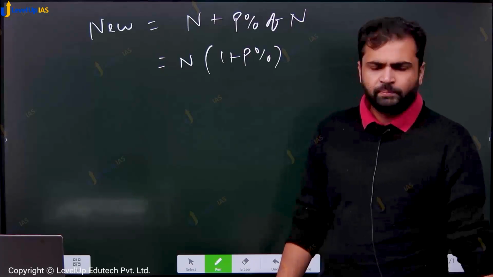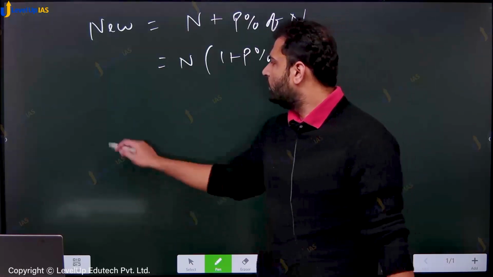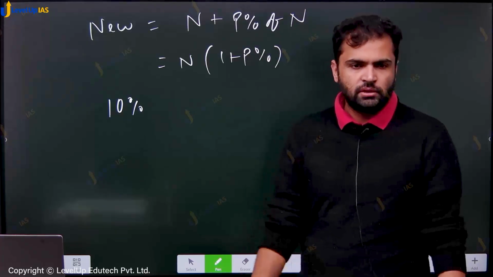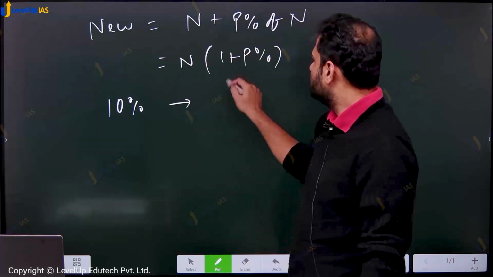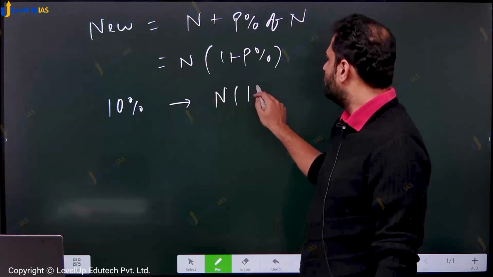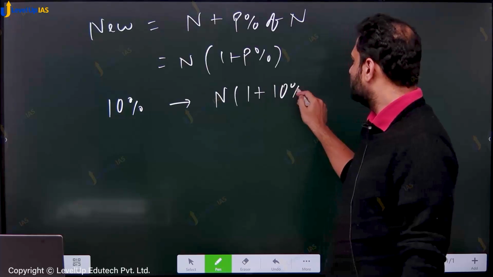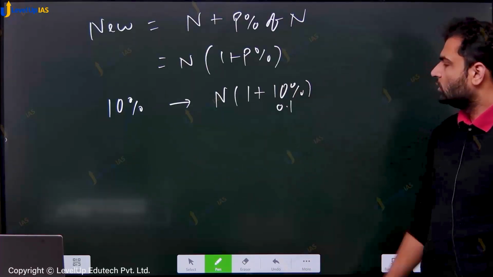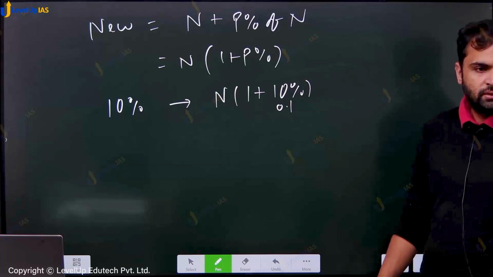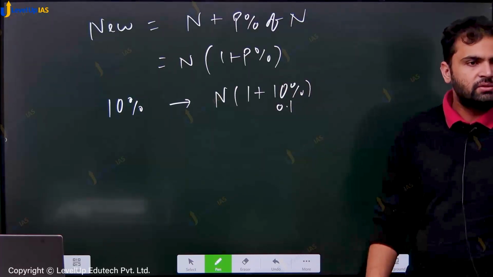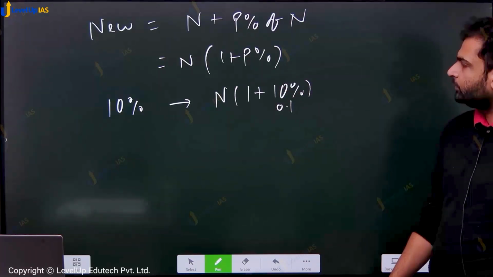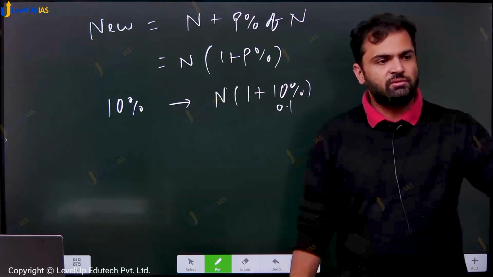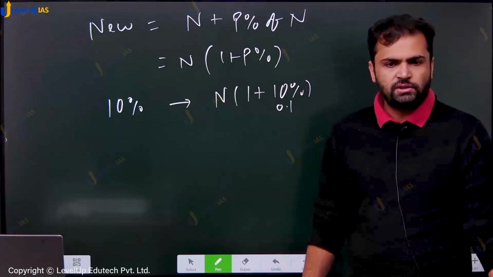For example, if we want to increase some number by 10%, then that number becomes n into 1 plus 10%. 10% is nothing but 10 by 100, which is 1 by 10 or 0.1. That we covered: decimals into fractions, fractions into percentages, decimals into percentages, all those things.